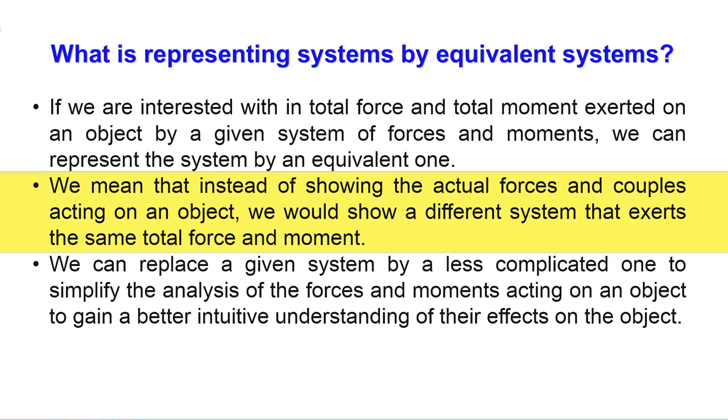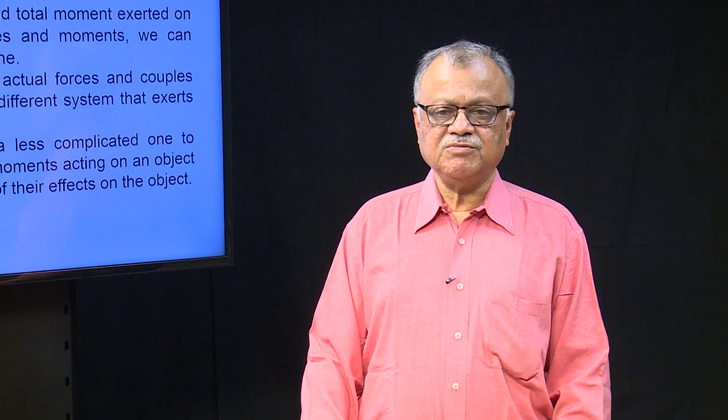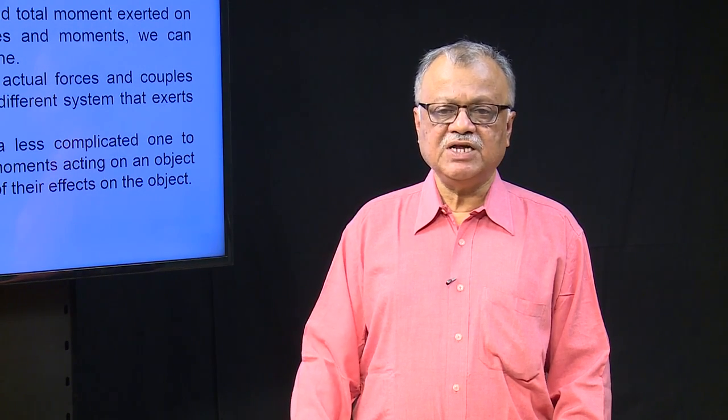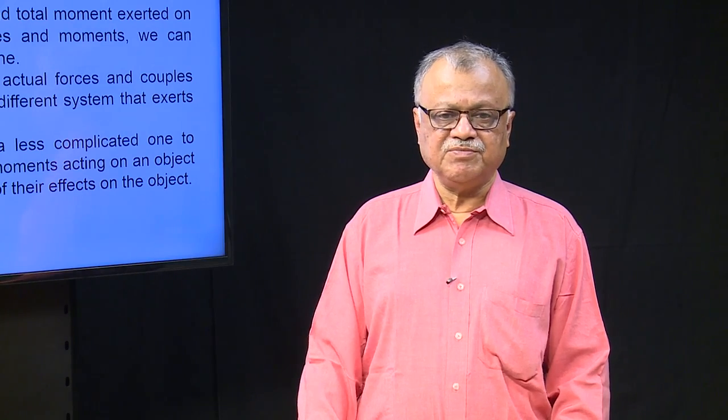That is why we want the equivalent system. Instead of showing actual forces and couples on an object, we would show different systems that exert the same total force and moments. Already we have shown that for a system of forces and moments, there are other equivalent systems which are much simpler.